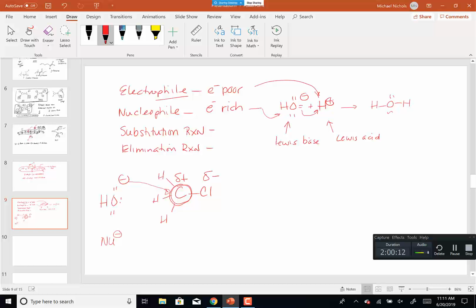But that carbon has a problem. It already has 4 bonds, so if it's going to now accept the electrons from the hydroxide, it's got to do what? It's got to break a bond. So somebody's got to leave.